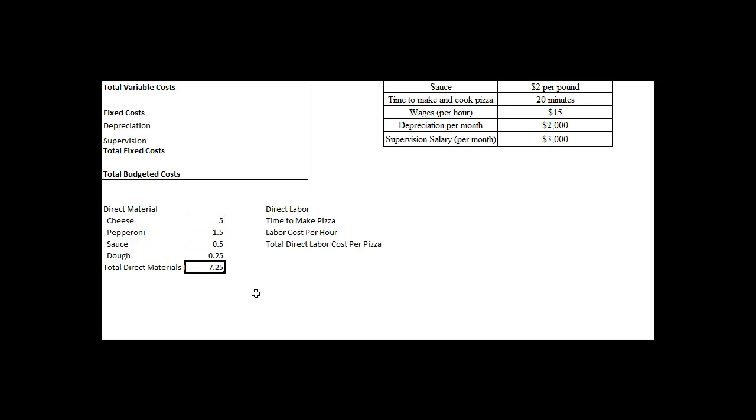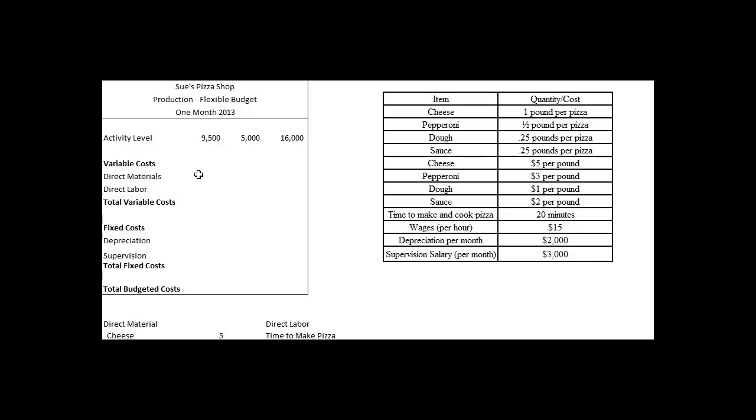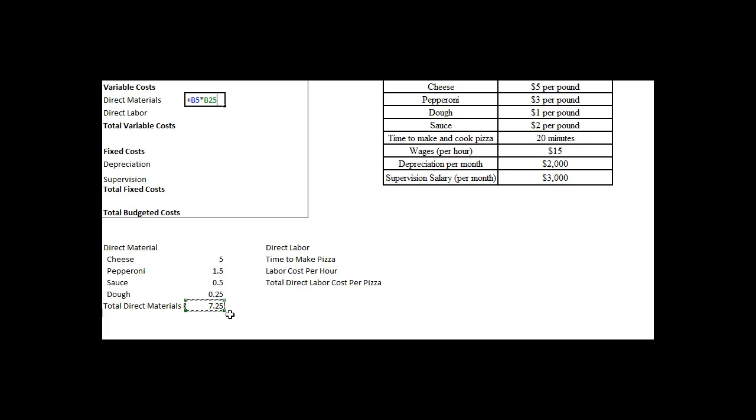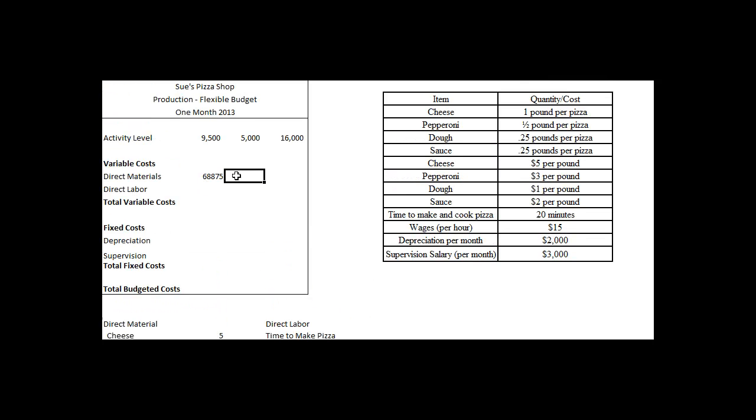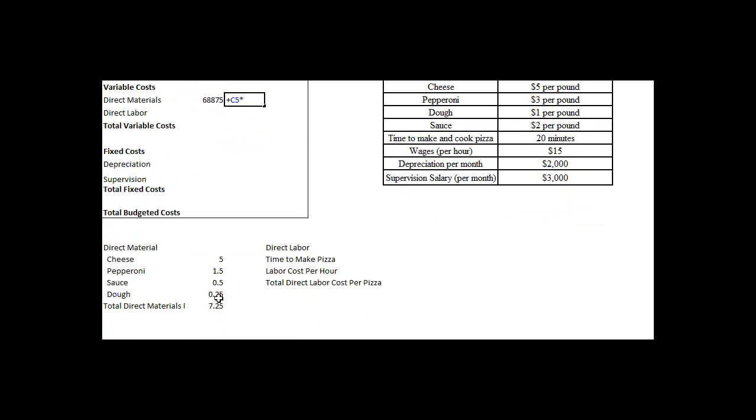We know our direct material cost is $7.25 per pizza. And now what I will do is come up here and just calculate. If I make 9,500 pizzas, my direct material costs are going to be the number of pizzas times the cost per pizza in direct materials. And the same would hold true for the other levels of production.